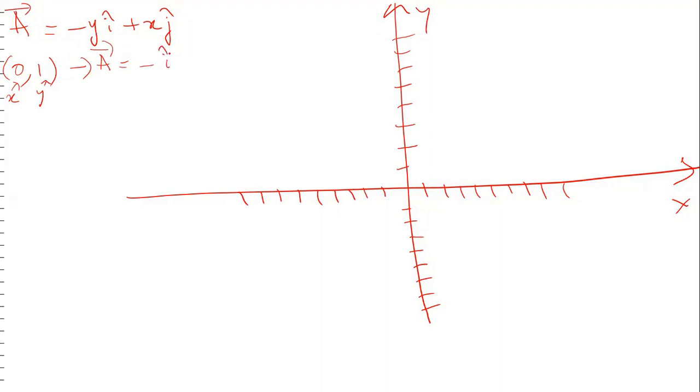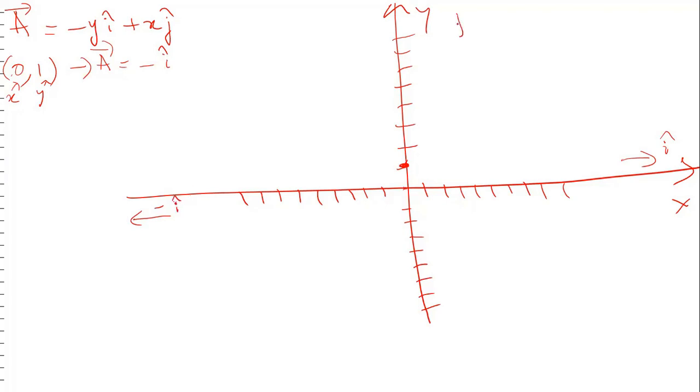The x value is 0, y value is 1, so this is the point (0, 1). At this point we have a vector which is pointing along the negative x-axis. This is the positive x-axis, your i cap, and along this direction is minus of i cap.